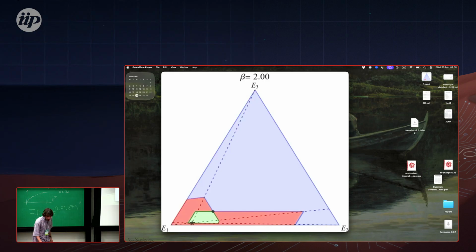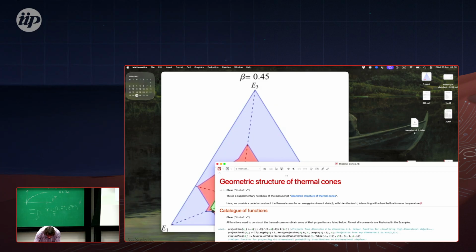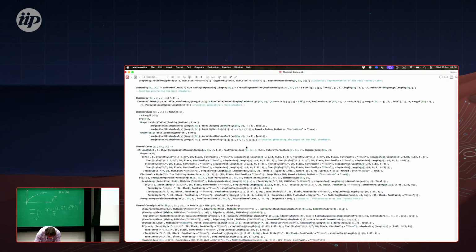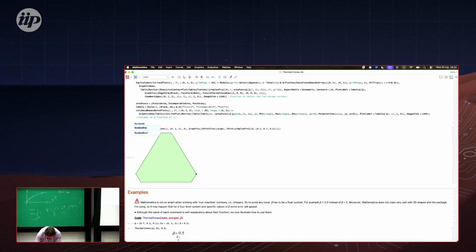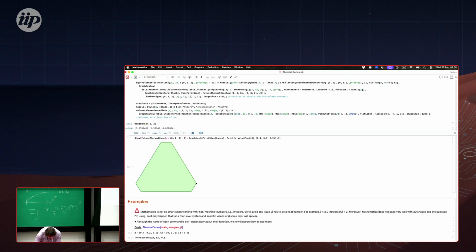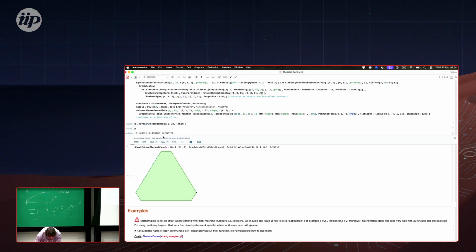Of course, if I start with a different state, let's say I start with a state 0.1, 0... Okay, let's do random: 1, 2, 3, and then I normalize this by the total, and I will call this P. Now P is precisely this state.